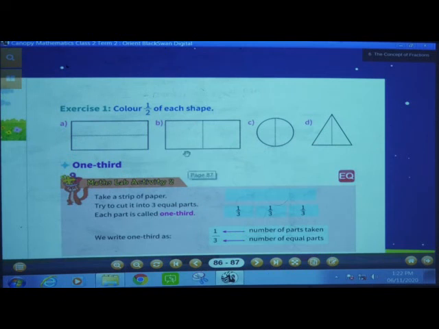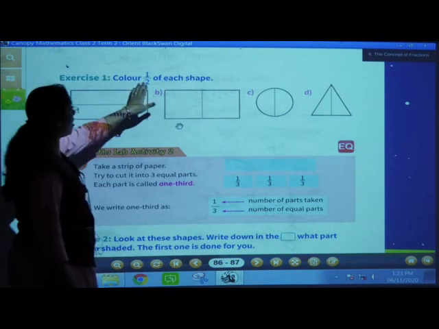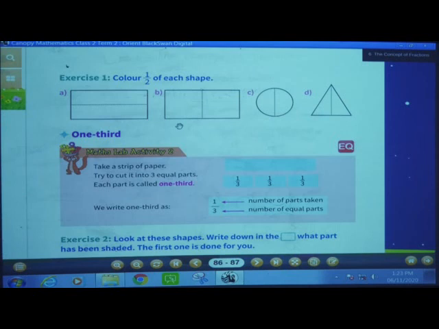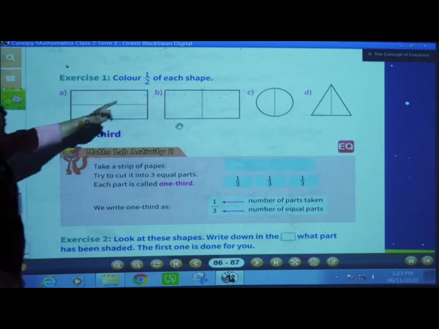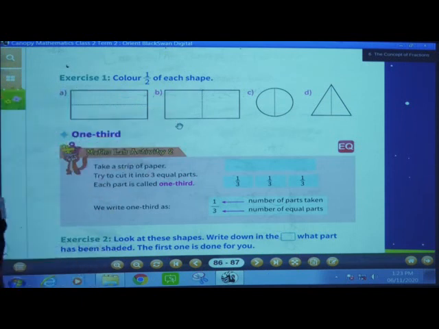See, exercise number 1. Color half of each shape. 1 by 2 means half of each shape.